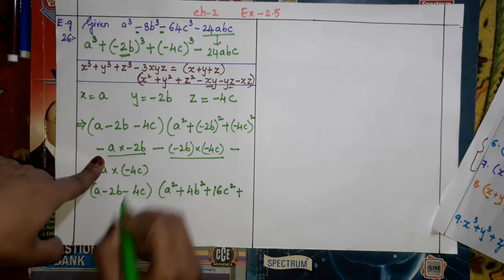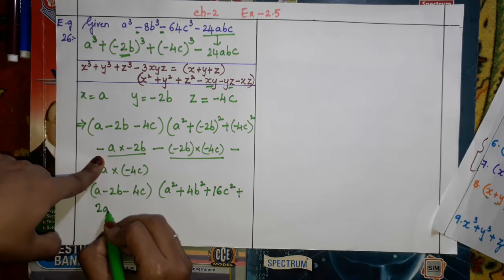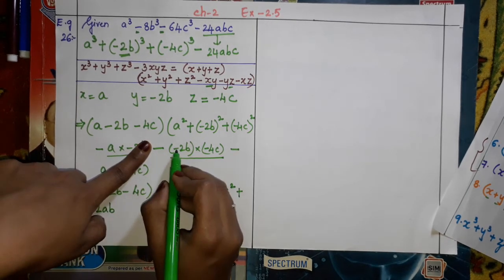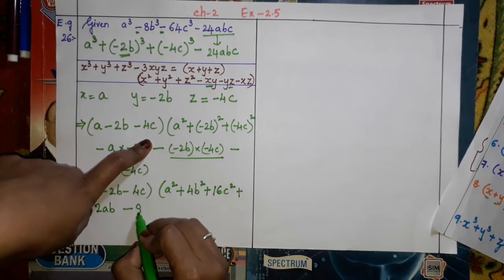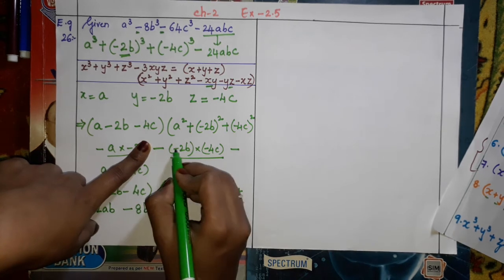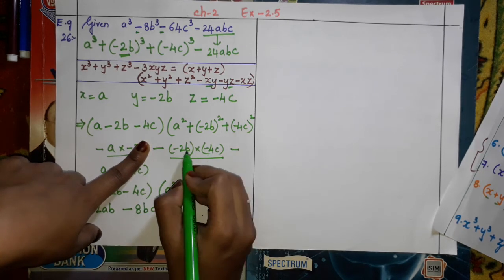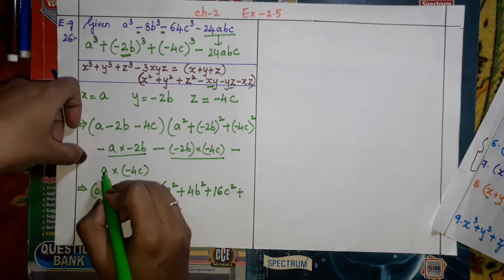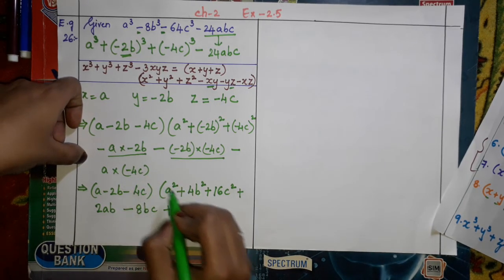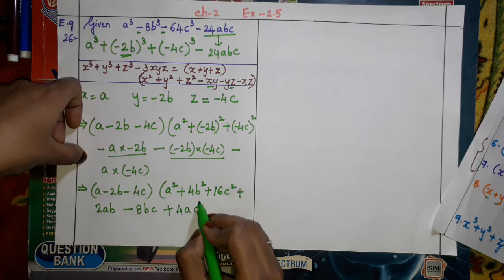Then a into 2b is nothing but 2ab. Then minus into minus plus, plus into minus is minus. 2 4s are 8, b, c. First we must multiply the signs, then the numbers, then the variables. Then minus into minus is plus. A into 4c is nothing but 4ac. That's it.